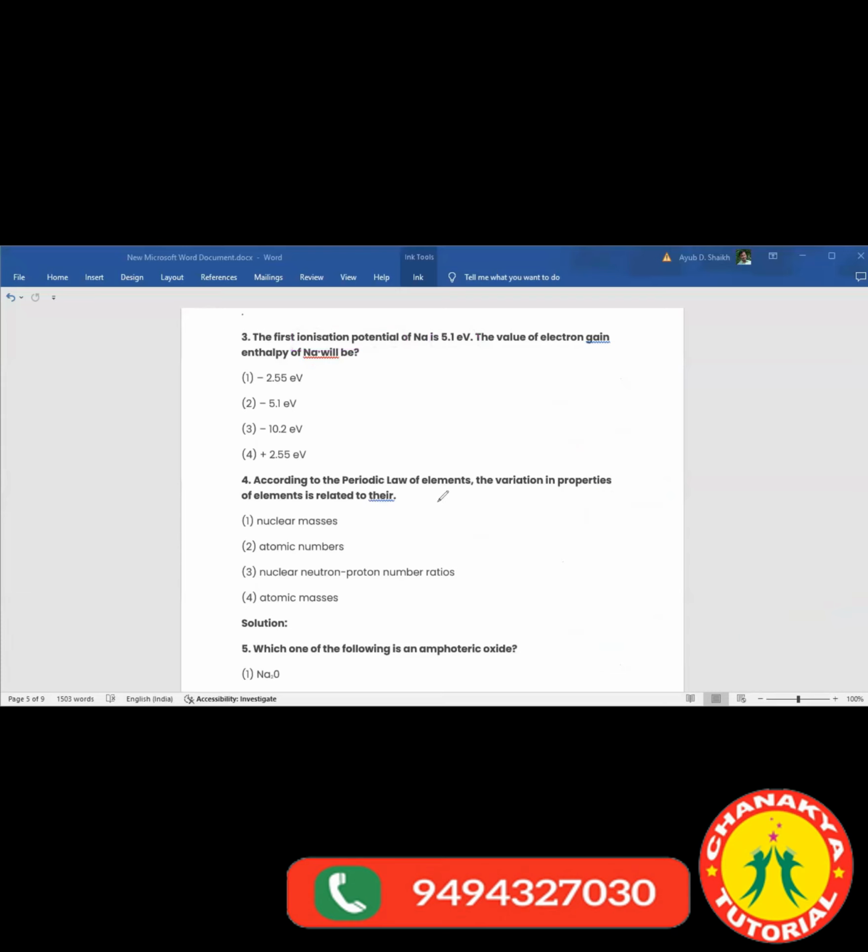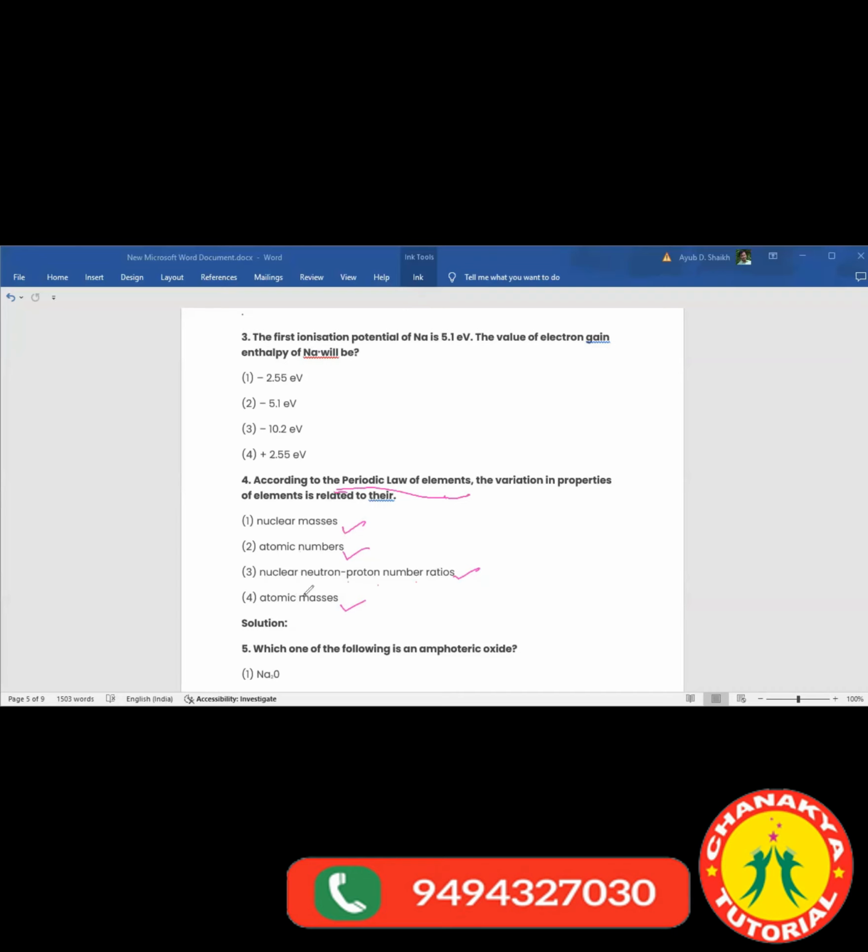According to the periodic law of elements, the variation in properties of elements is related to their nuclear mass, atomic number, nuclear neutron proton number ratios, or atomic masses. This is so basic.